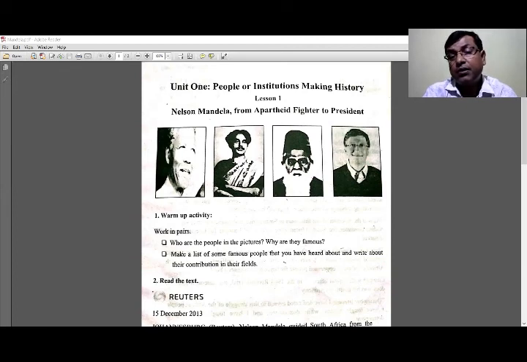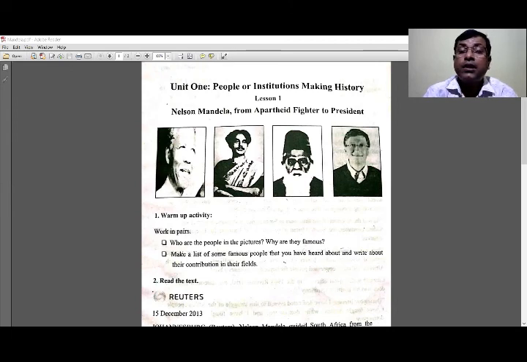And the third picture may be the great man, the learned man, Dr. Muhammad Shahidullah, a famous person in literature. And last of all, we can see the picture of Bill Gates, the founder of Microsoft. So the men in the pictures are very famous. They are very famous in their own fields, and people all across the world respect them.